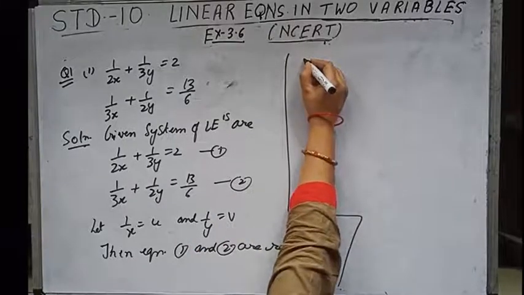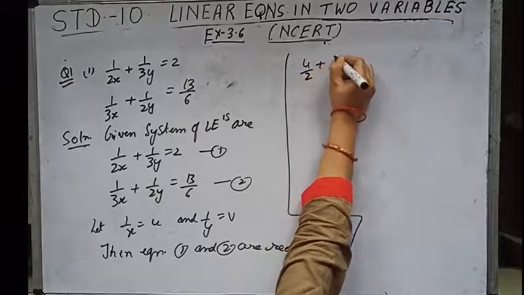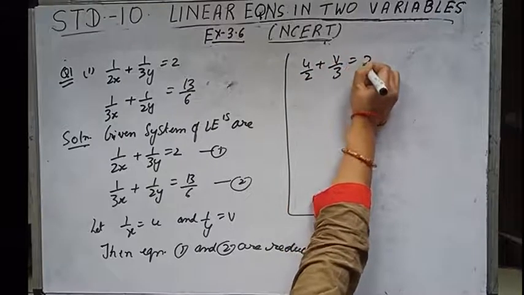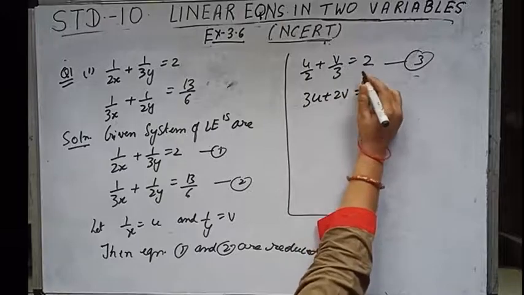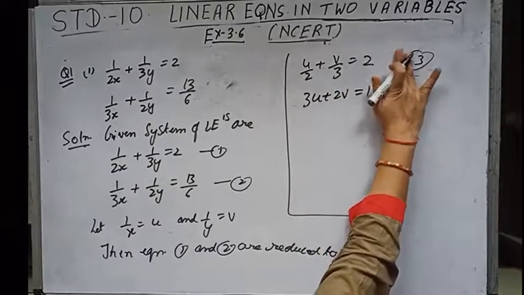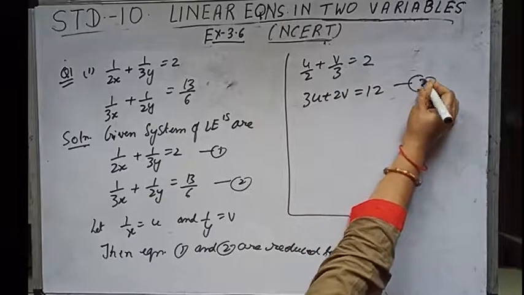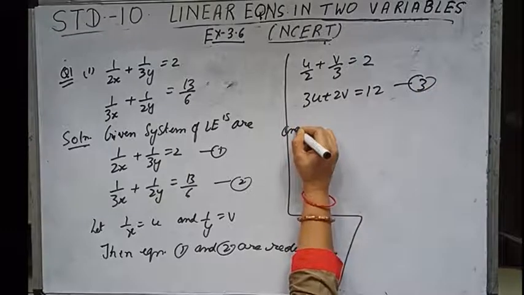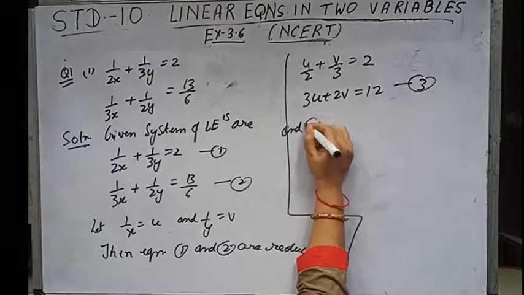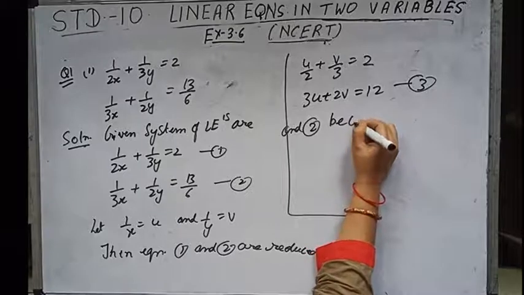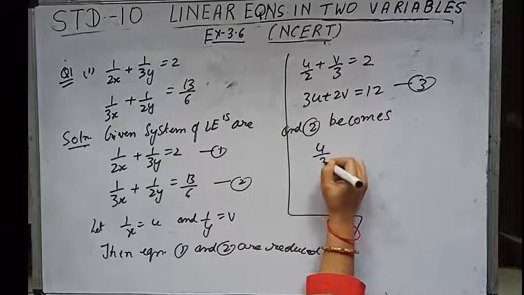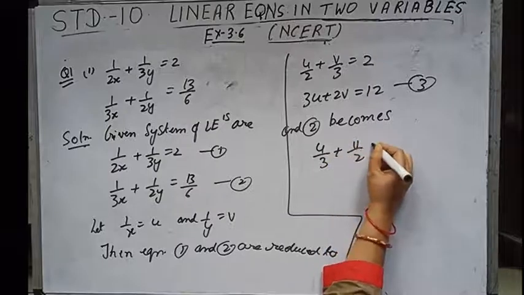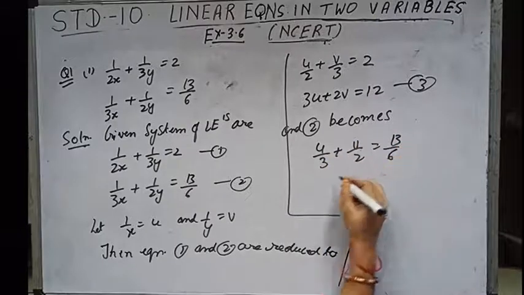u by 2 plus v by 3 equals to 2, and write this as 3u plus 2v equals to 12. Let us make this as equation 3, and 2 becomes u by 3 plus v by 2 equals to 13 by 6.